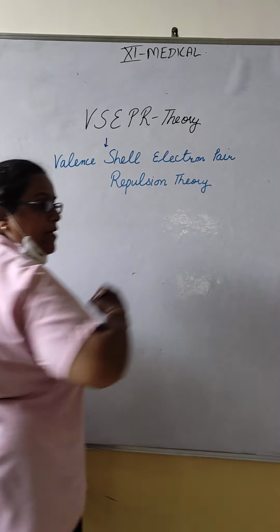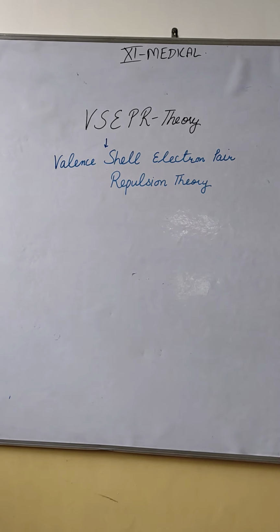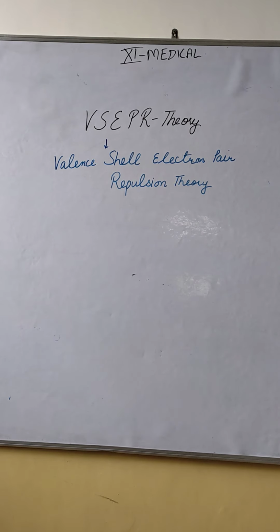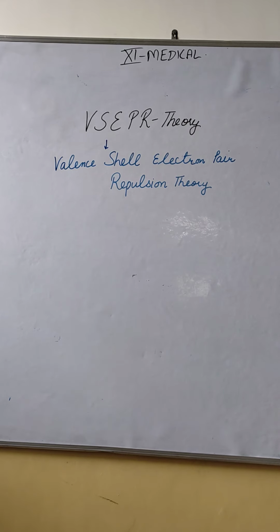What is VSEPR theory? Speak. Valence shell electron pair repulsion theory. Okay? This theory was given by Sidgwick and Powell in 1940 and was improved by Nyholm and Gillespie in 1957.